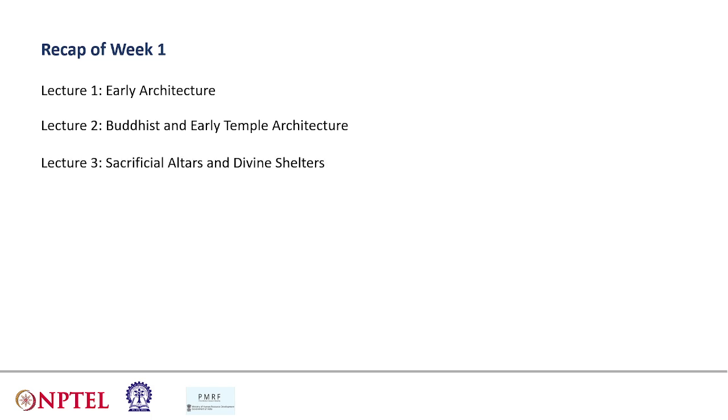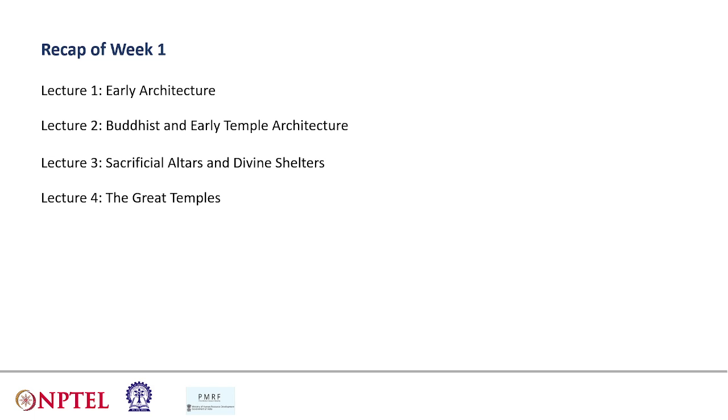The third lecture mostly talked about sacrificial altars and divine shelters, the cosmic axis, the multiplicity, and how God is sheltered inside shelters. The fourth lecture was mostly about the great temples, where the broad temple types were discussed, the Latina style and the Kutina style.